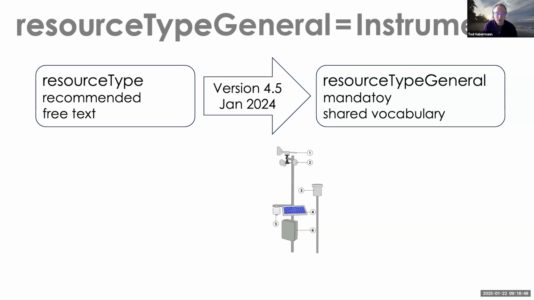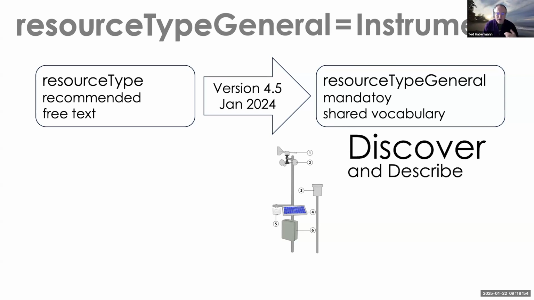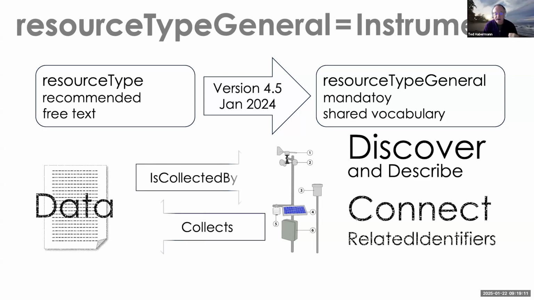And instrument became one of those in January of last year. One of the primary goals of DataCite metadata is to support discovery and description. We'll talk about that later, but the other critical piece is that it provides a unique, global and persistent identifier that can be used for connecting those instruments using things called related identifiers.